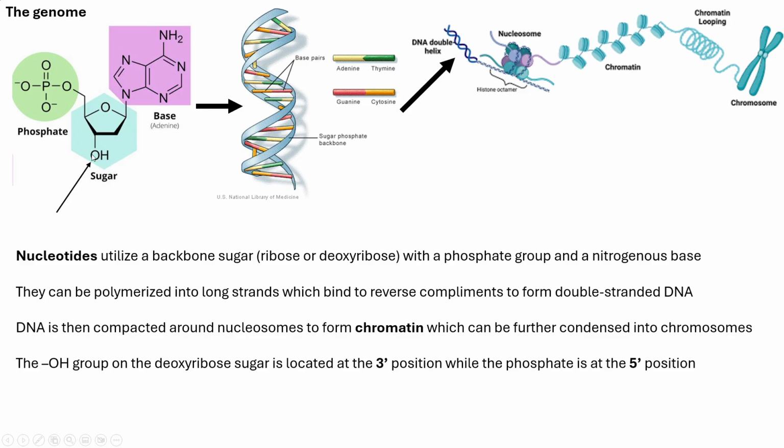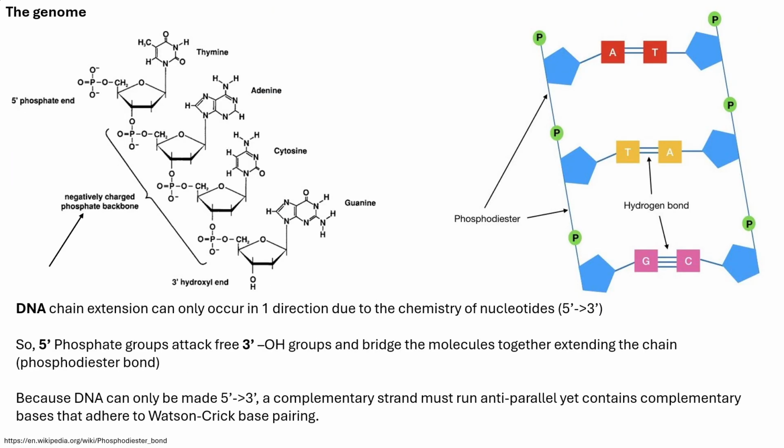So this attaches to here, which adds another molecule and another exposed OH group, which can be further attached until you form this long chain, as you see here. So these 5' phosphate groups actually attack the free 3' OH groups and bridge the molecules together and extend one DNA chain. This is called phosphodiester bonding.